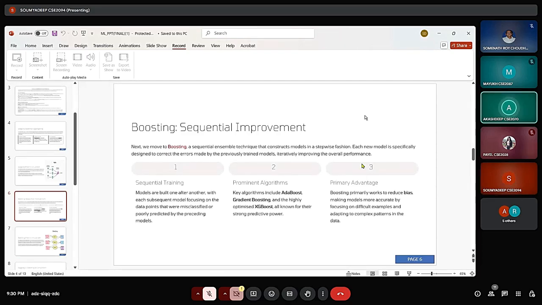So here we learn about the sequential improvement of the boosting process. Basically, it is a process in which weak learners are converted into strong learners, and each model in the sequence focuses on the errors made by its predecessor.